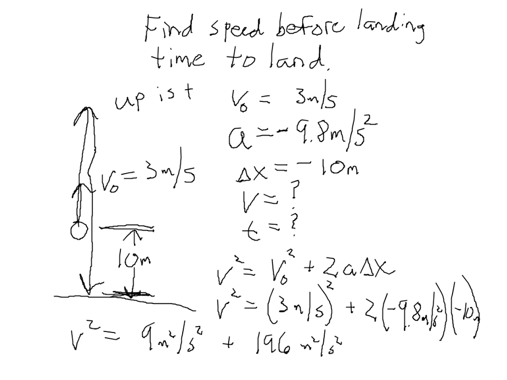Notice that the two negatives, the negative 9.8 and the negative 10, cancel each other out and become positive. So we have that v squared is equal to 205 meters squared per second squared, or v is equal to the square root of 205.